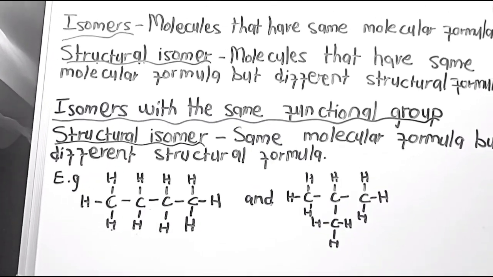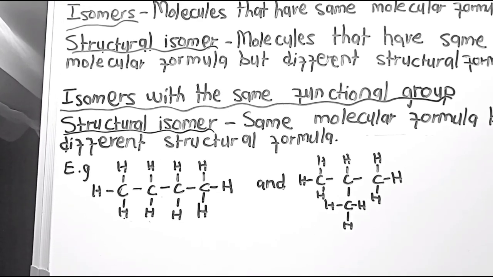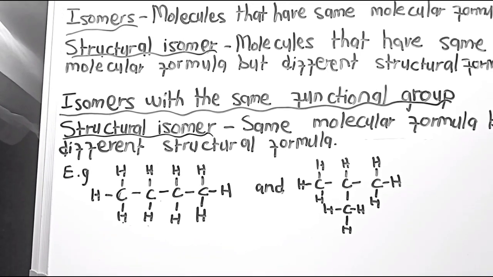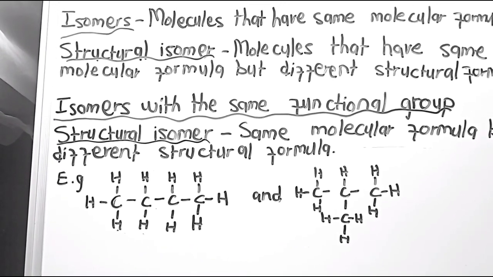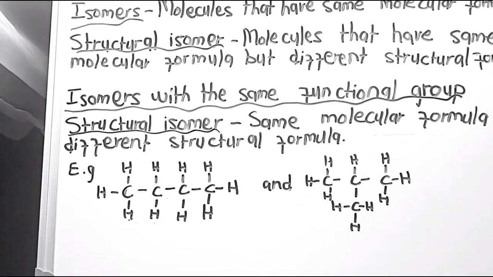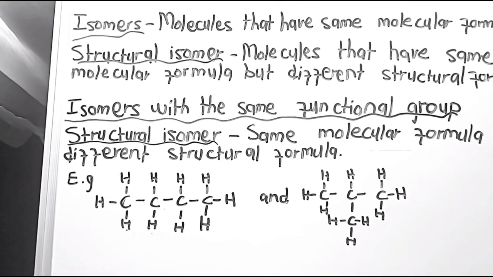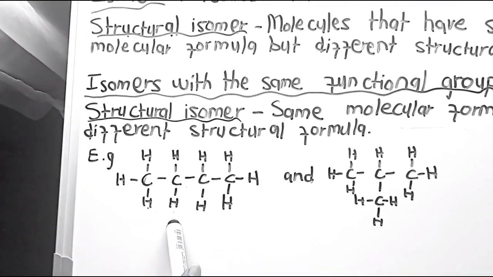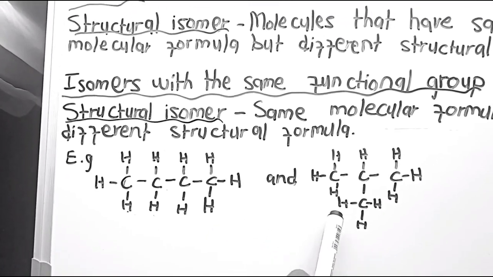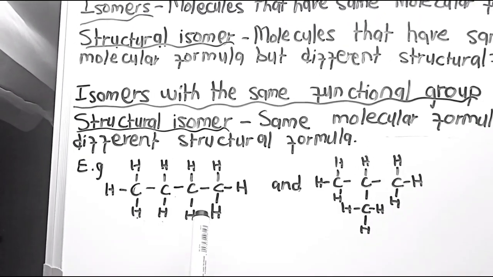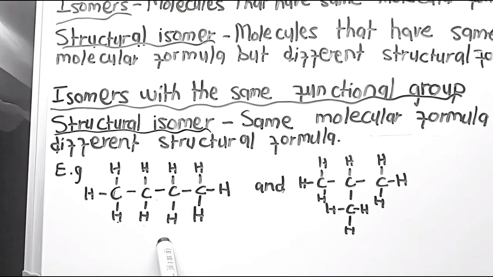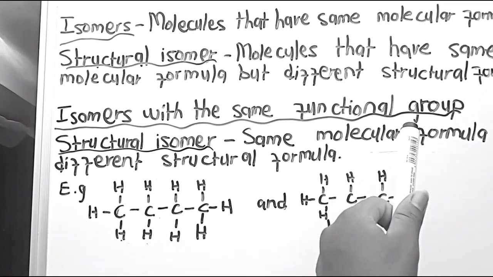I have two structures here, for example, and I will explain why we say they are structural isomers. The first thing you should know is that these two structures belong to the same homologous series, which means they have the same functional group.